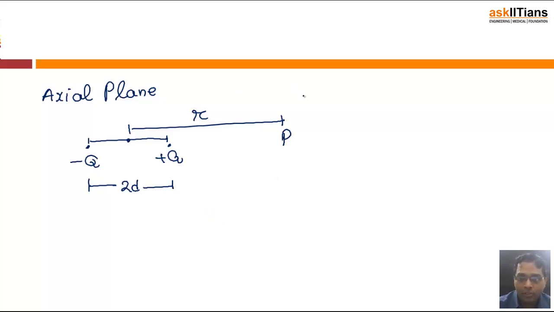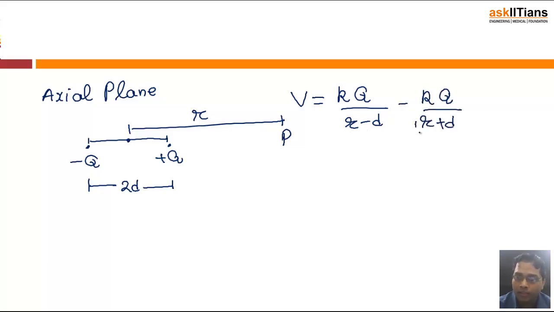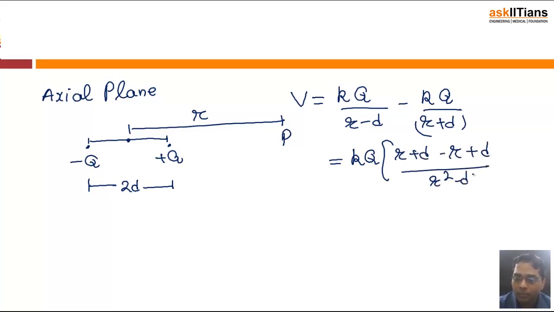Since it is just a linear combination, we follow the superposition principle. You get k times plus q over r minus d, and from the other one, minus kq over r plus d. Simplifying this, taking k common, you get r plus d minus r plus d over r square minus d square.